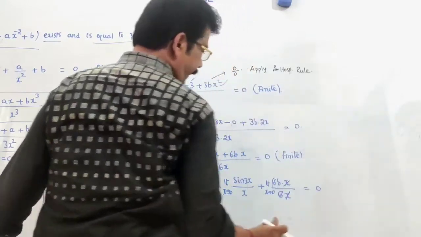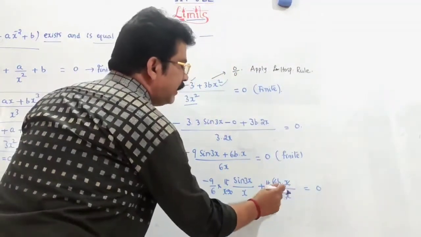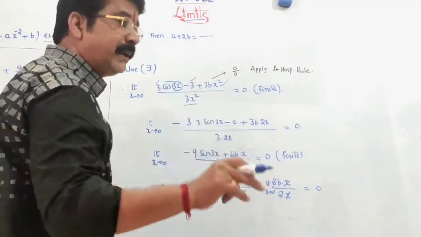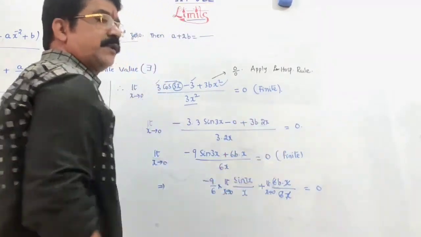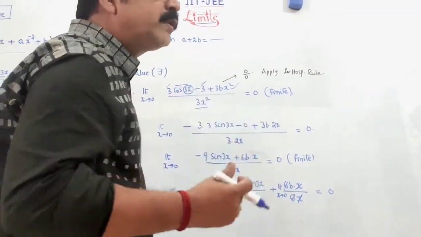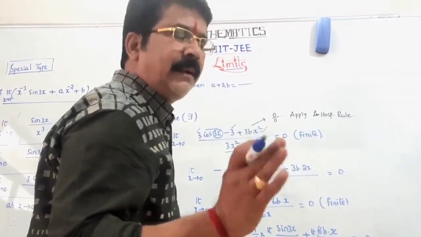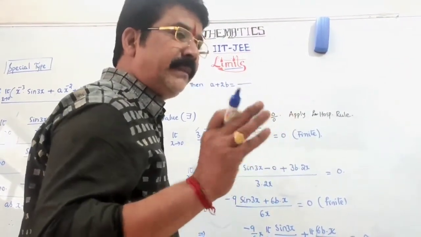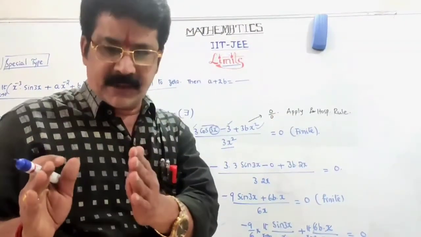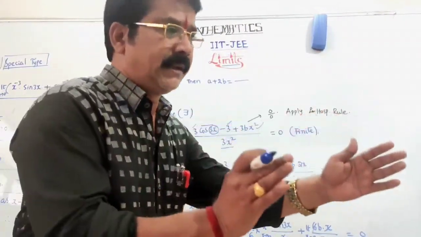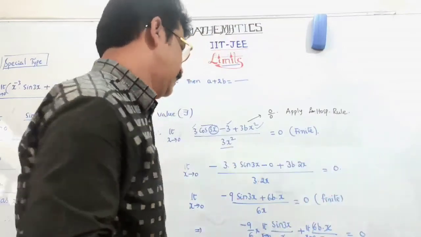Therefore, I cancelled here. Why? x is not equal to 0. Because x approaches 0. x is approaching 0 means x is not equal to 0. Understand? There is a vital difference between the concept x equal to 0 and x tends to 0. Remember. Okay.